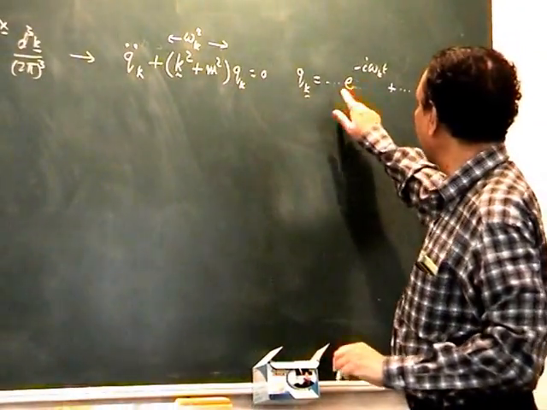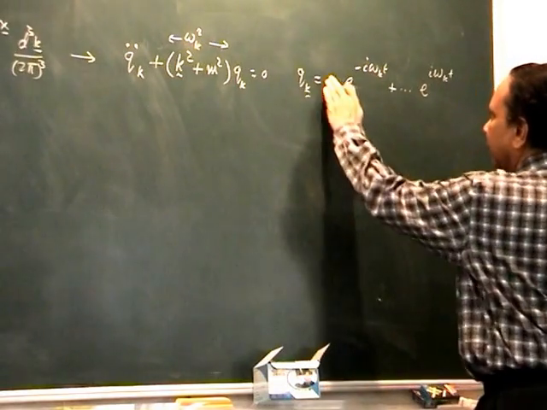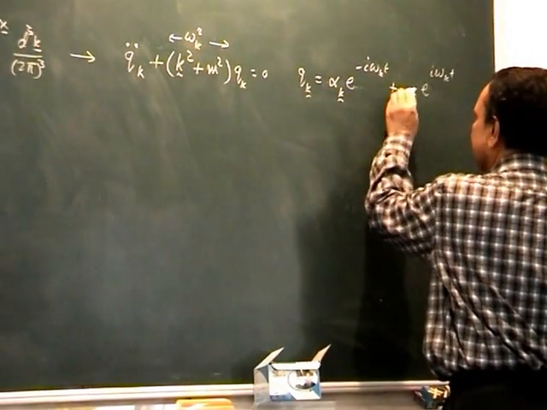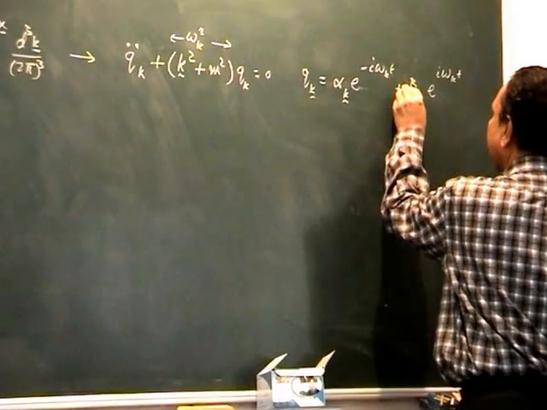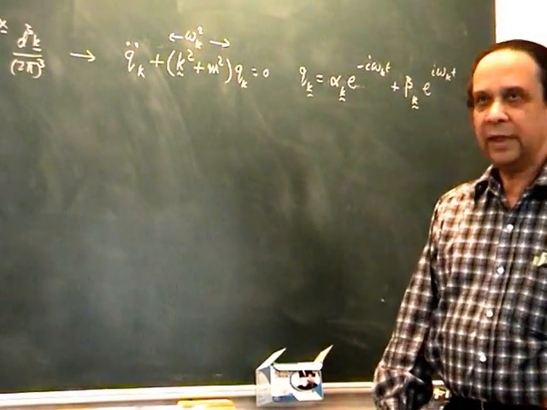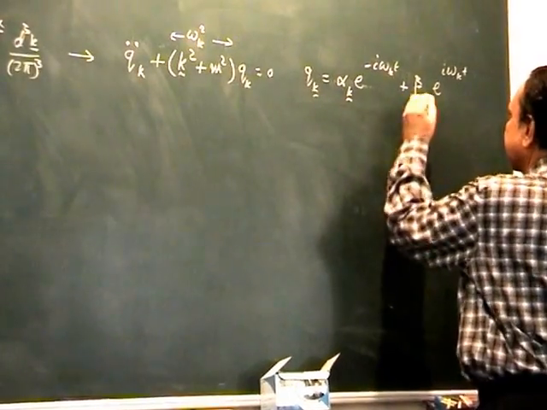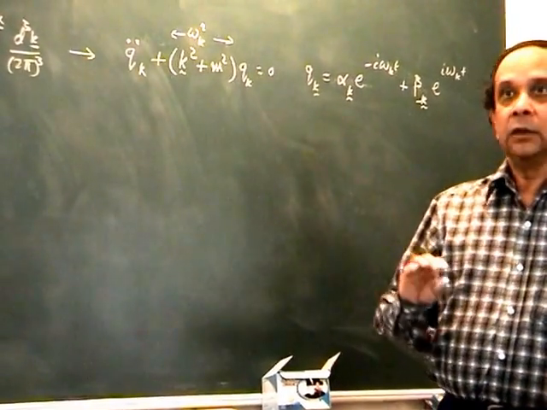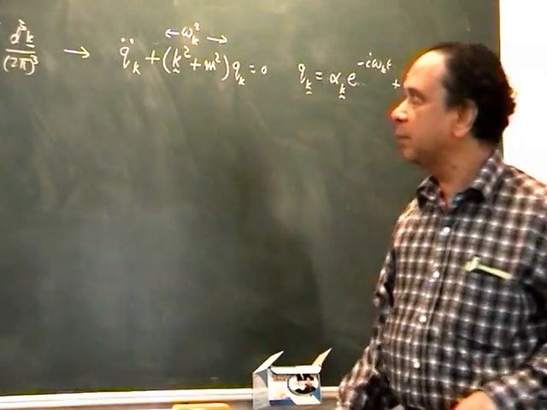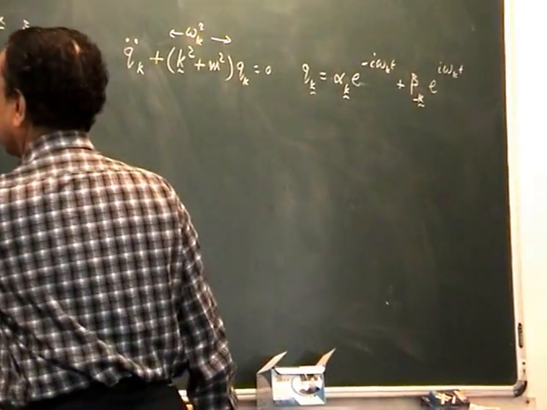Okay, so these are two constants. Just for convenience, this will be called alpha k. This should be called beta of minus k for convenience, but I will just call it beta of k for the moment. Or let me actually call it beta of minus k, just for convenience. So you have this solution, and you plug it back into this to find the general solution.